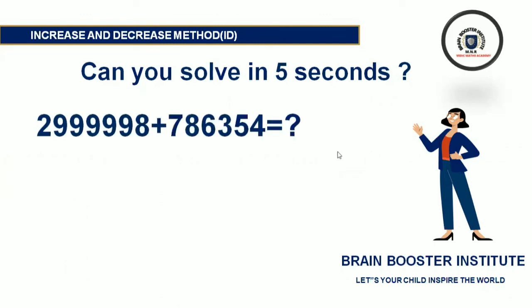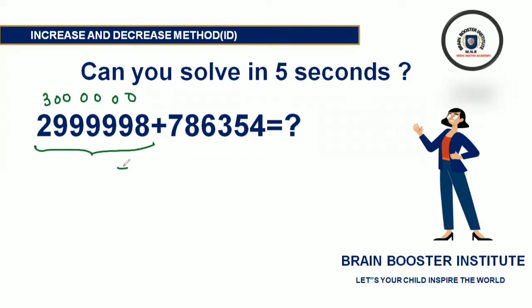Now our question is this. I was able to solve the previous ones in just 1 or 2 seconds. Now you will be able to solve this question with the same technique, the increase and decrease method. So how can you solve this? Very simple, my dear friends. By seeing these two numbers, we can identify which number would be closer to its easier number. What is its easier number? 3,000,000. This is the easier number, isn't it? Now, what is the difference?